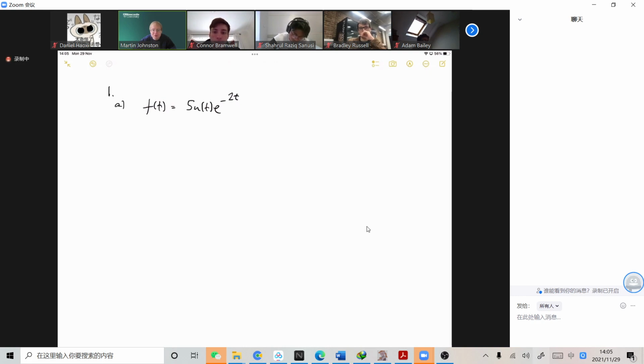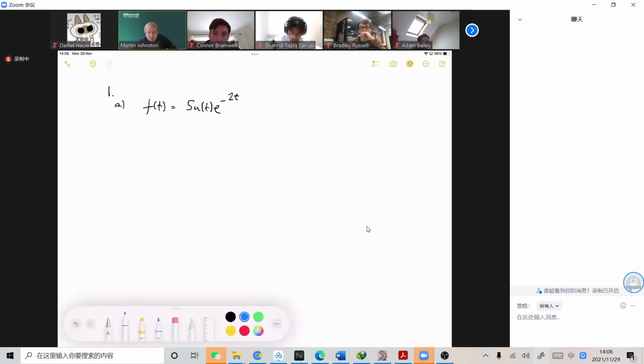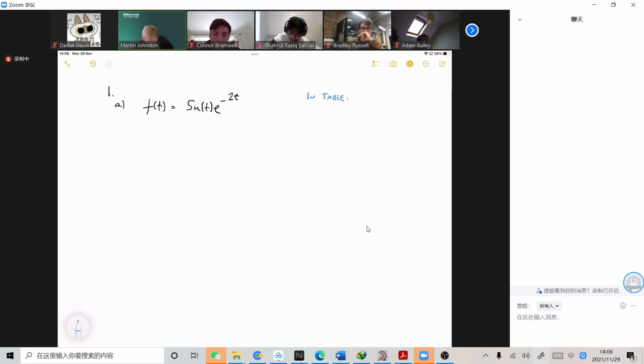If you get your notes up and go to that table, you will see on the top row that in the table, we have that the Fourier transform of A u of t e to the minus alpha t is equal to A over alpha plus j omega.